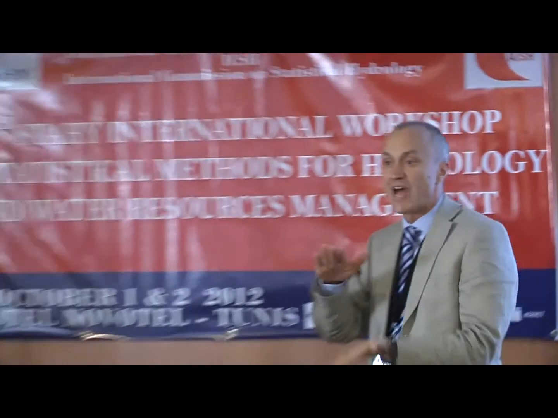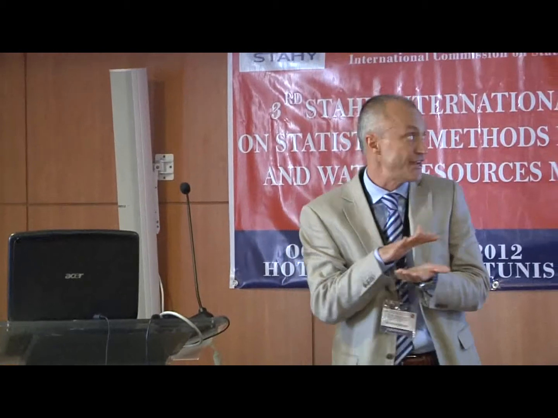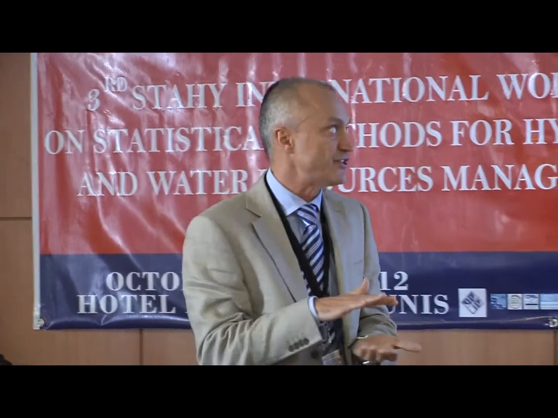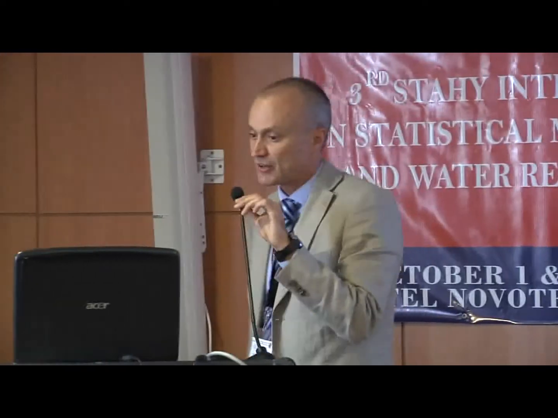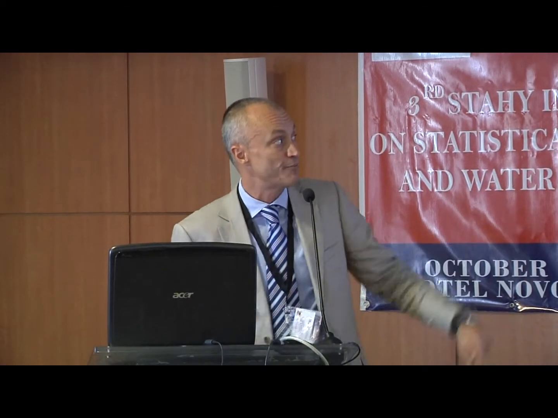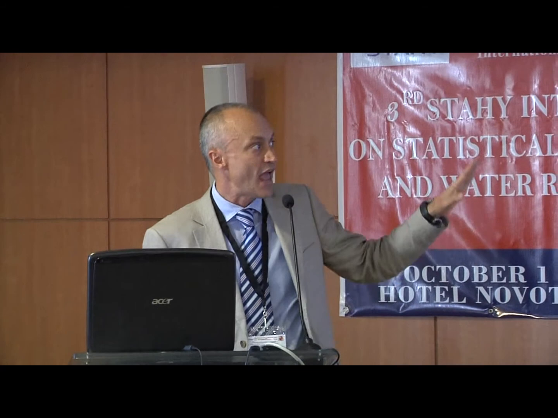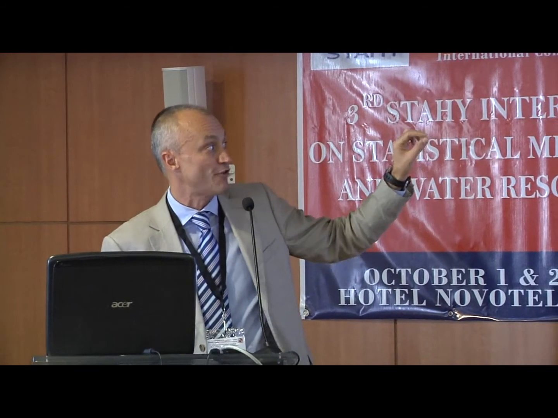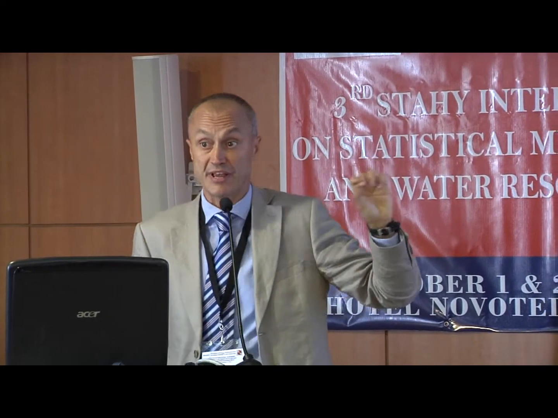So in order to dampen the effect of this misprediction, we use the log Nash-Sutcliffe efficiency. That is basically Nash-Sutcliffe efficiency applied to log-transformed flows. And the results are reported in terms of bars, the bars on the right in this case. As we can see, the performances of top kriging and canonical kriging in this case level off, and both methodologies outperform the standard approach, generalized least square regression.